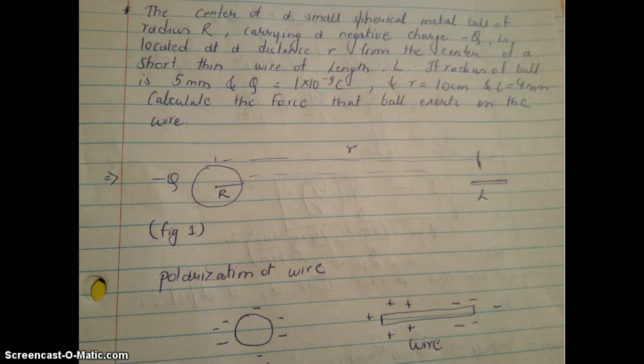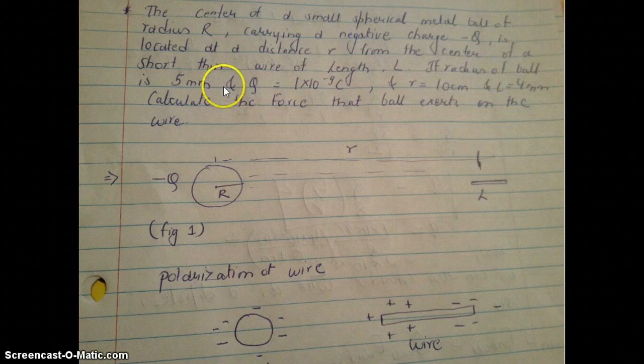This is my screencast for chapter 15, and I have chosen a problem from the book, which says: the center of a small spherical metal ball of radius r carrying a negative charge of -q is located at a distance r from the center of a short thin wire of length l.